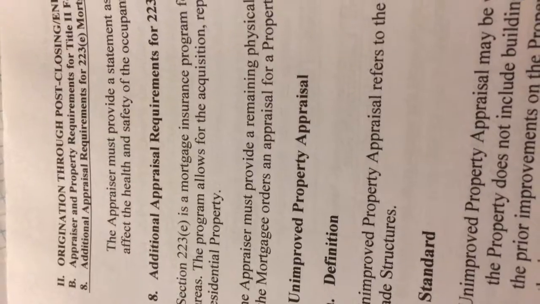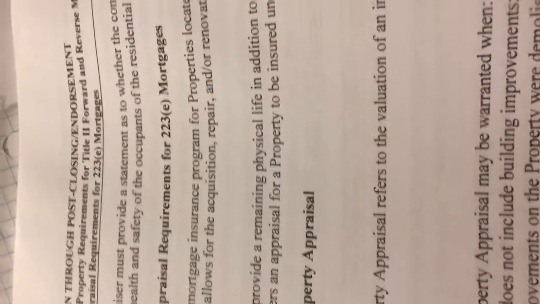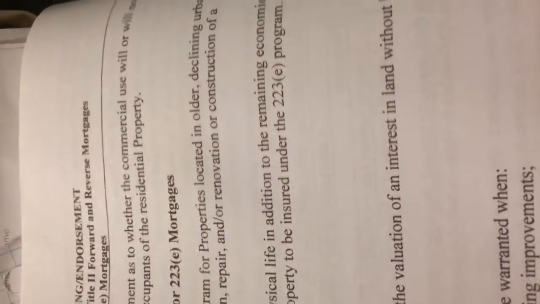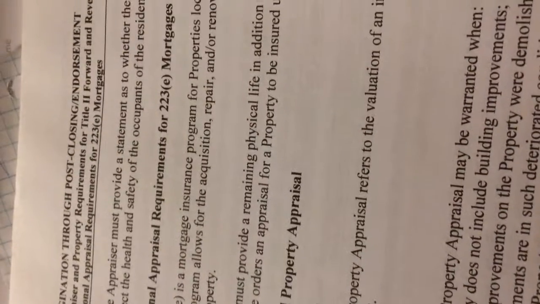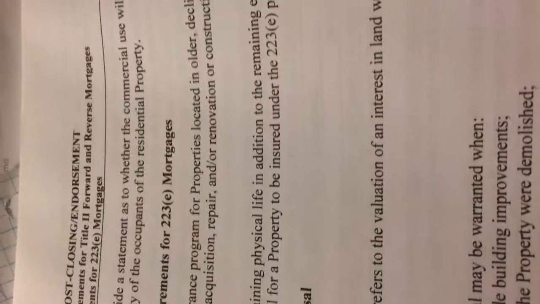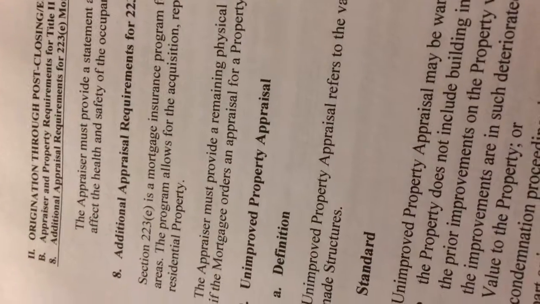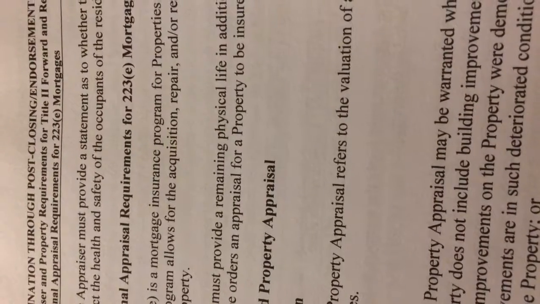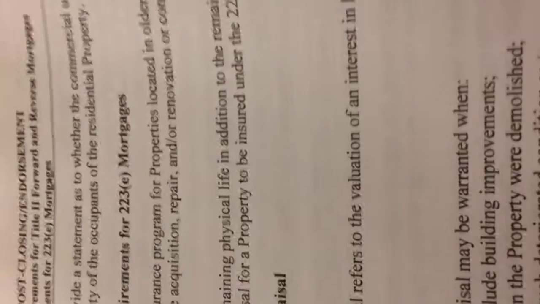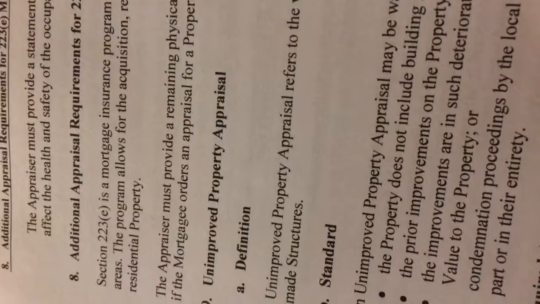Page 66. The appraiser must provide a statement as to whether the commercial use will or will not affect the health and safety of the occupants of the residential property. 8. Additional appraisal requirements for 223E mortgages.